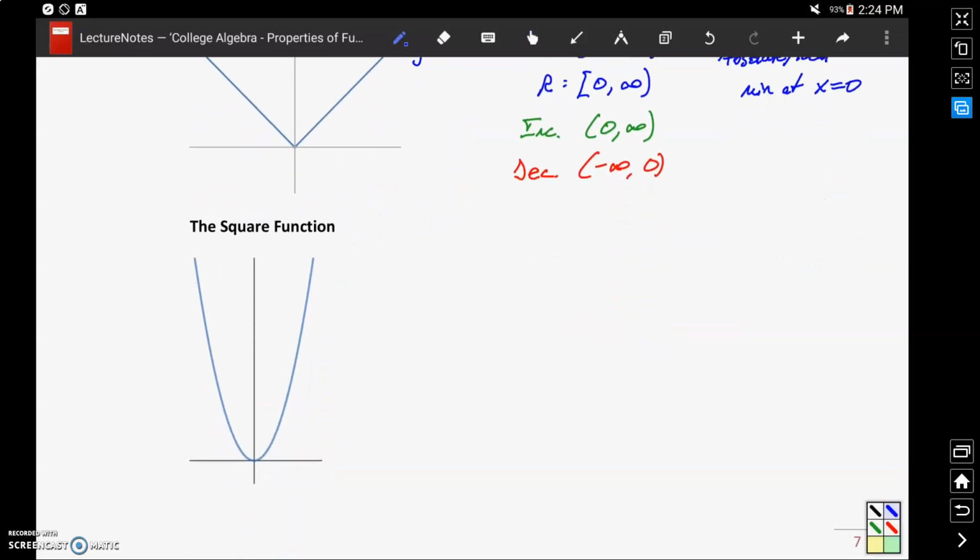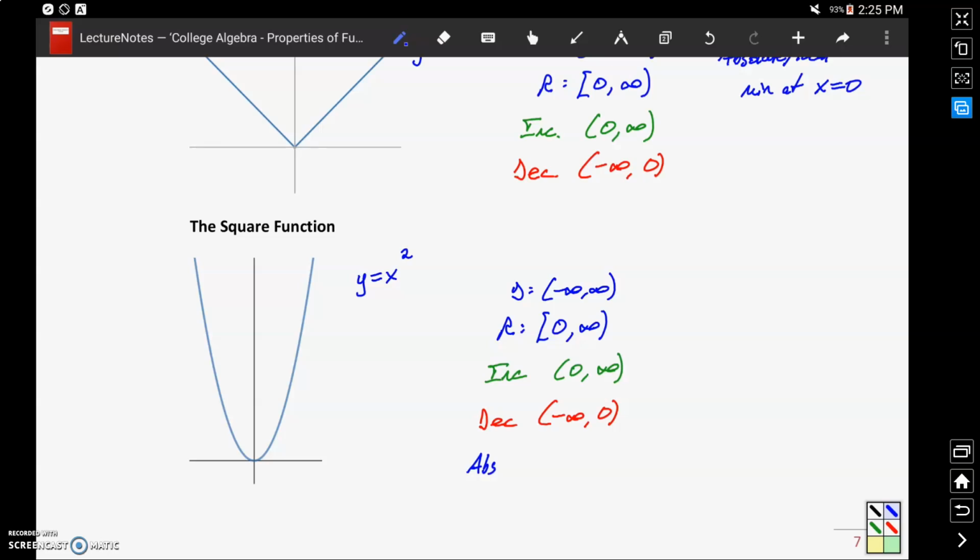The square function, y equals x squared, will have a domain of negative infinity to infinity. Its range will also have the restriction of 0 to infinity, since it never dips below the x-axis. It will be increasing on 0 to infinity and decreasing on negative infinity to 0.